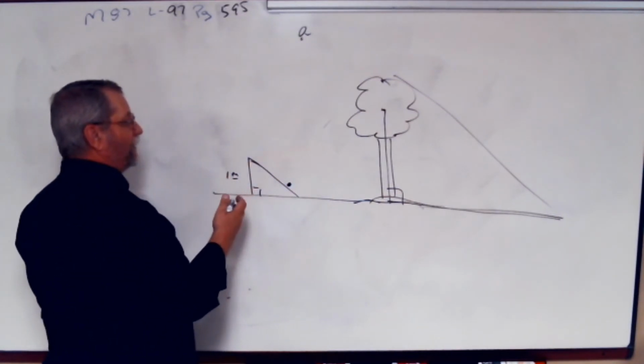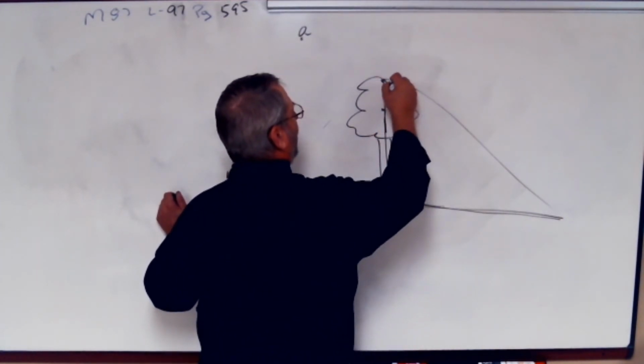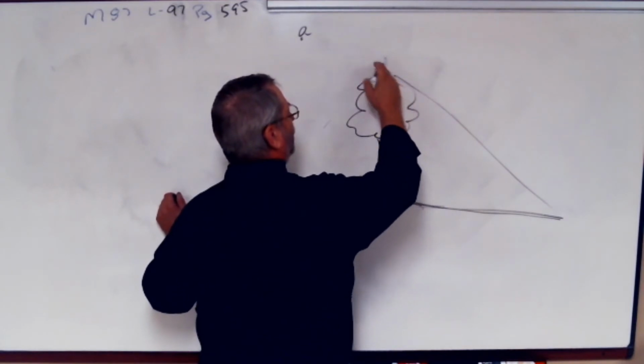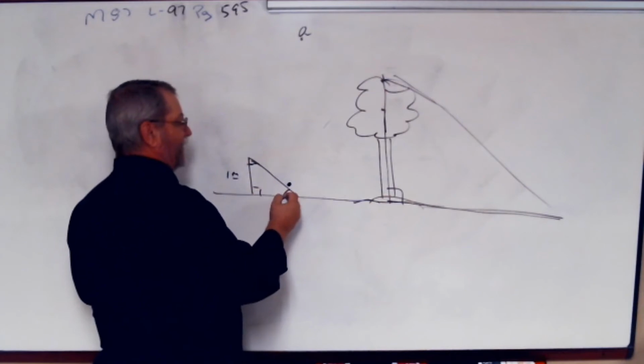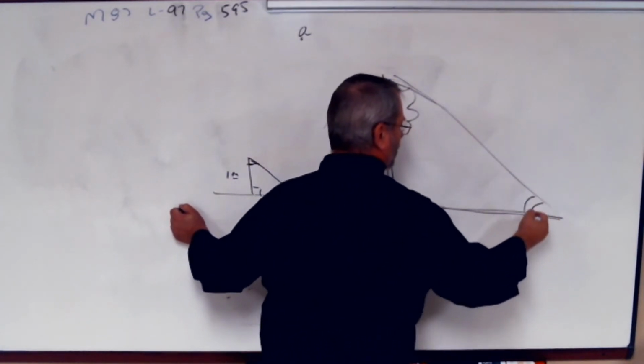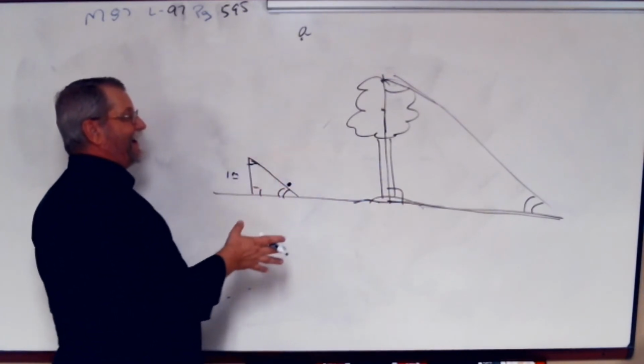Okay, these are similar triangles. This angle and this angle, or wherever I'm at, this angle here are the same. And this angle are the same, and these two angles are the same. Therefore, the relationship of the sides is the same.